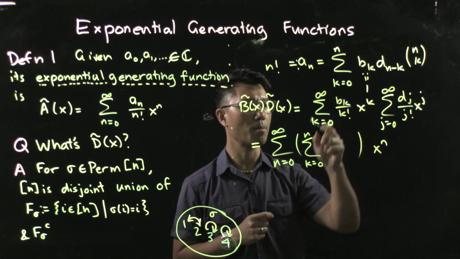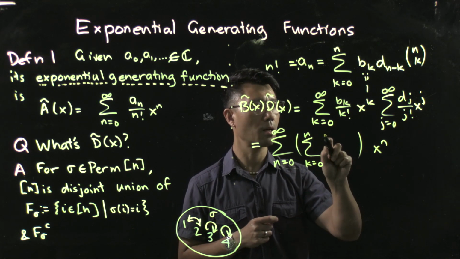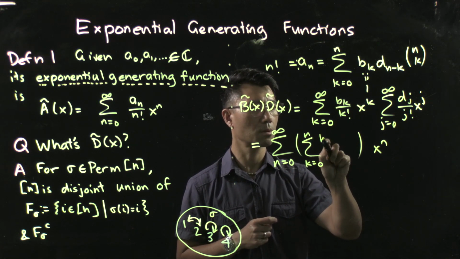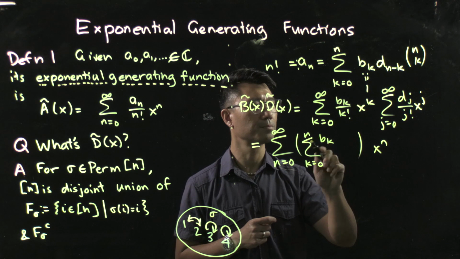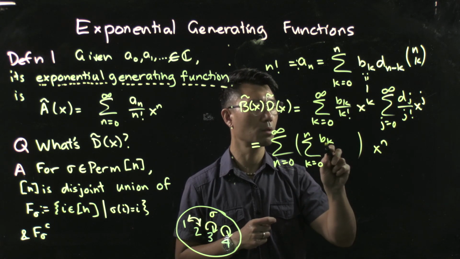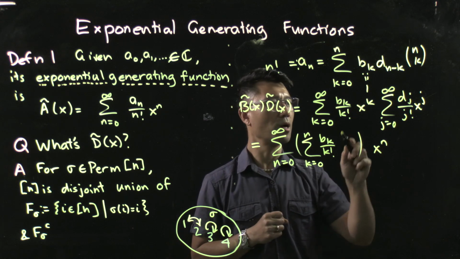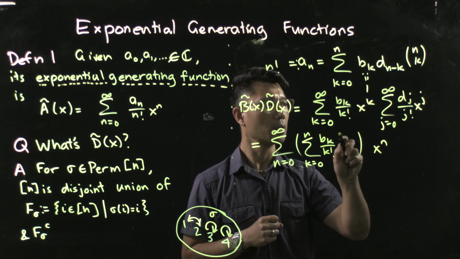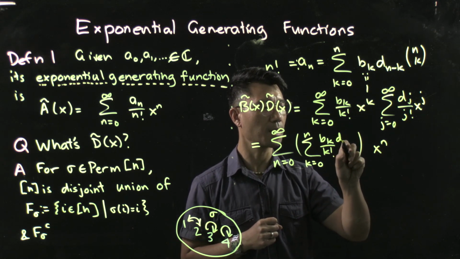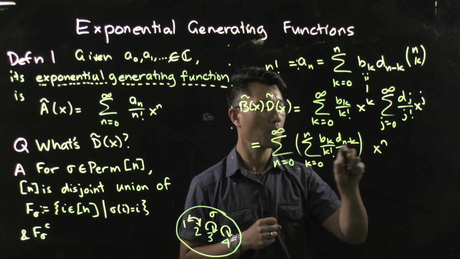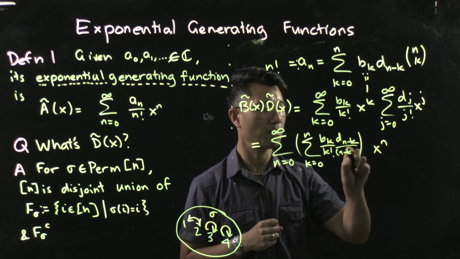So you pick the kth term here, bk on k factorial, times d n minus k on n minus k factorial.